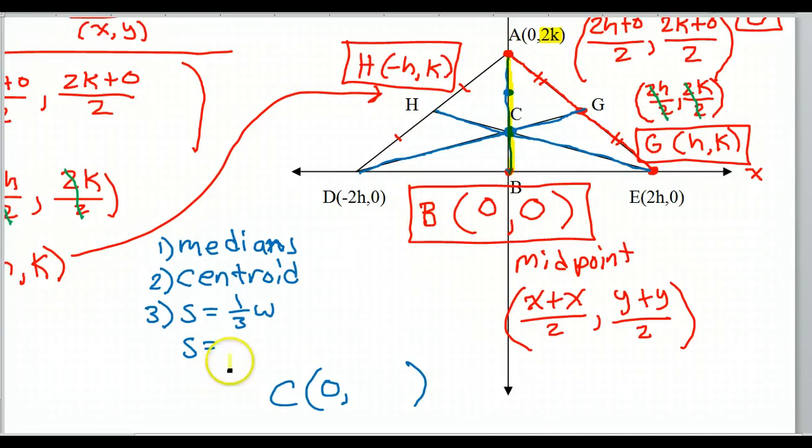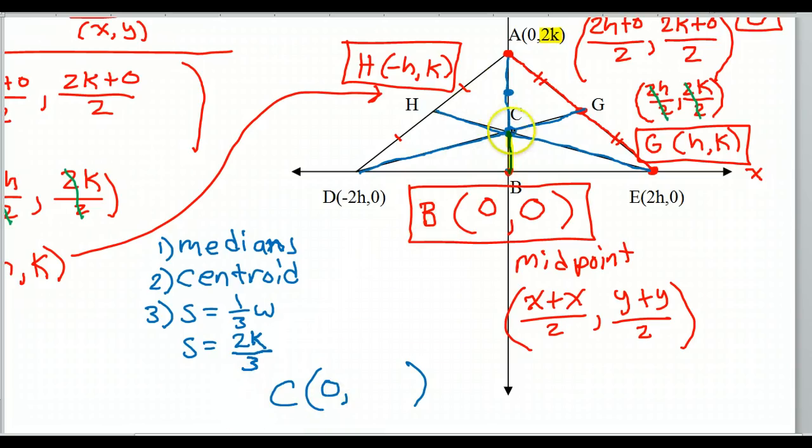So if 2k is the whole, then this piece down here should be 1/3 of the whole. It should be 2k divided by 3. So this piece right here is 1/3 of the whole. It's 2k divided by 3. So the small piece is 2k, the whole thing, divided by 3. So it's 1/3 of it.